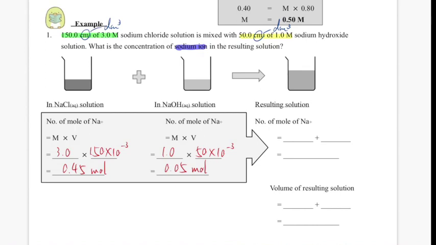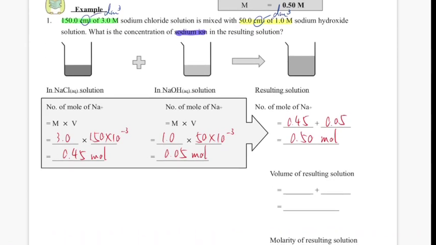So the resulting solution should have 0.45 plus 0.05, which is 0.50 mole of sodium ion. The resulting volume of the solution, easy, it should be 0.15 plus 0.05, which is 0.2 dm cube.